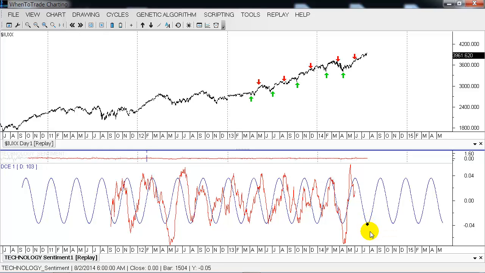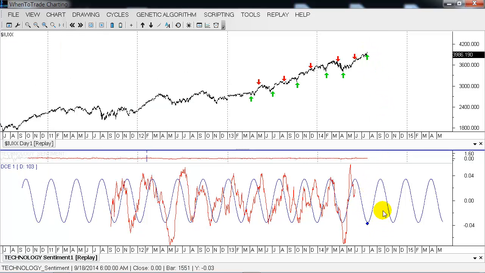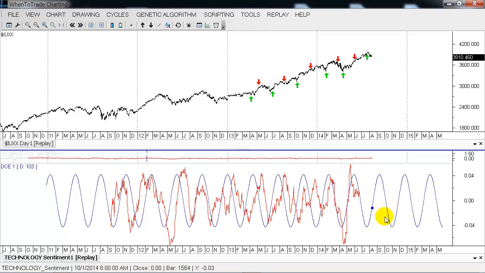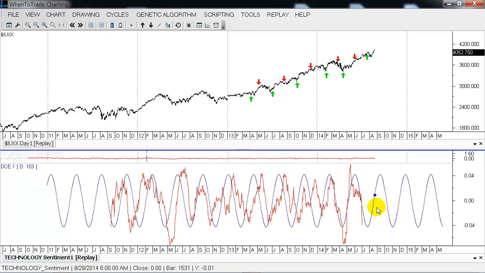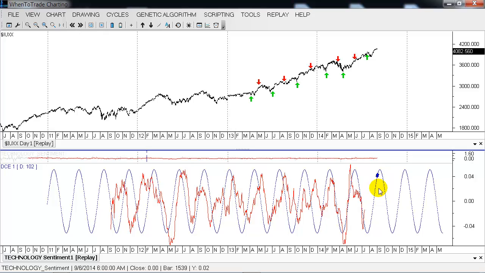We are now approaching this bottoming area here. So now we would expect prices to move up from this point in time into the September period. So we will move forward here. You see that cycle slightly adjusted to current conditions.